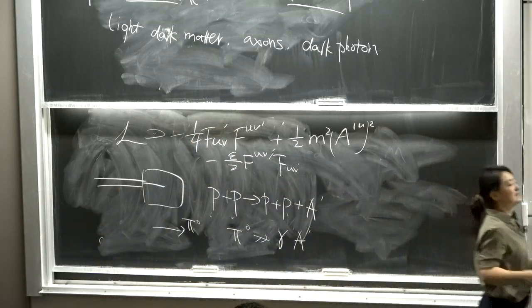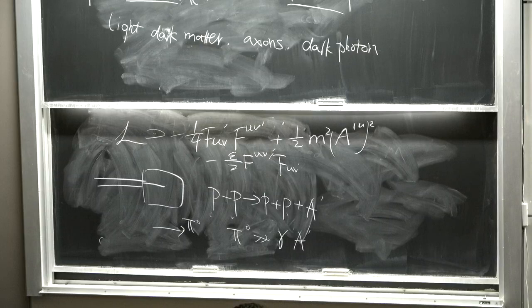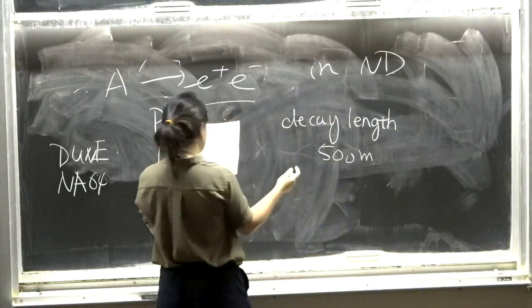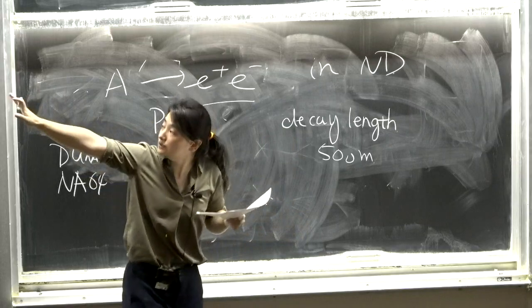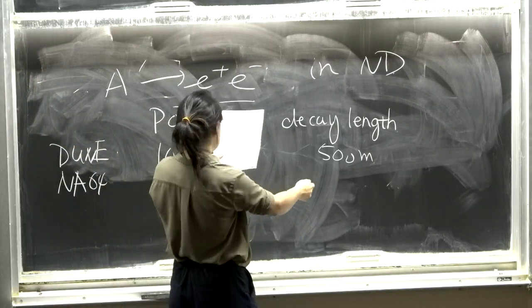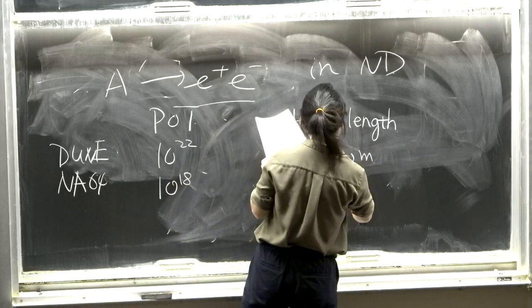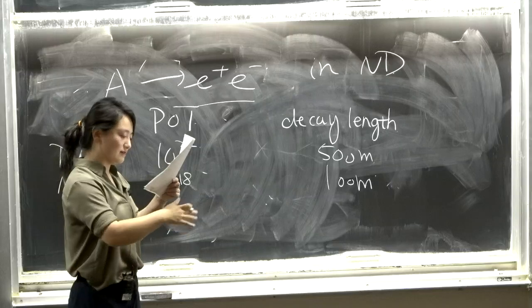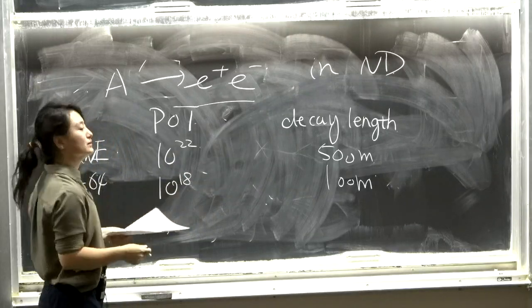So basically, the decay length sort of controls which epsilon, or which coupling range, you can search for. And here, DUNE is quite complementary to other experiments. For instance, DUNE is about 500 meters from the production to the near detector, whereas something like NA64 is at about 100 meters. And various experiments go from basically 50 meters to 500 meters.